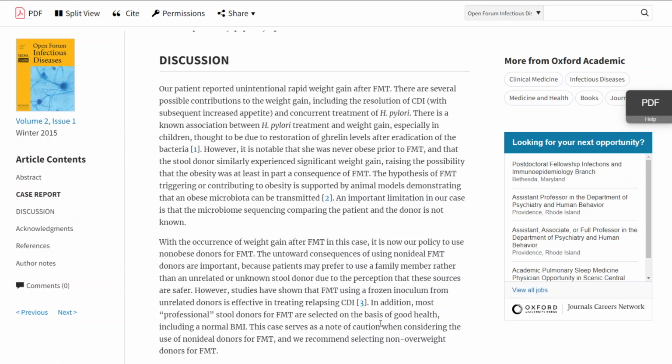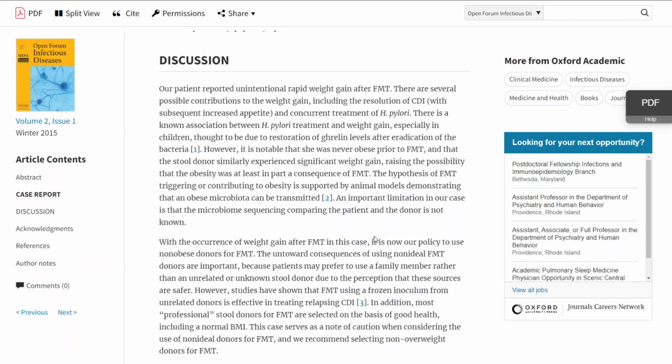Now, this is just one report, so we can't say for sure that the gut microbiome transfer is what caused the weight gain, but it does seem pretty suspicious.